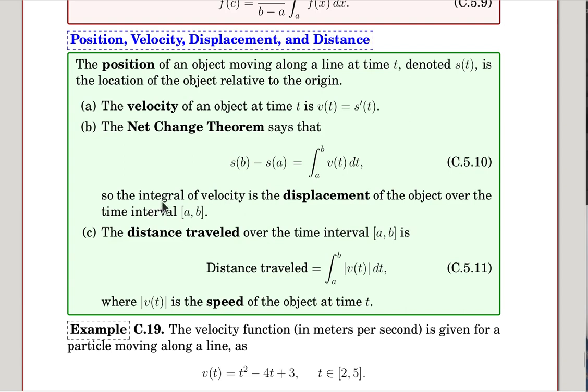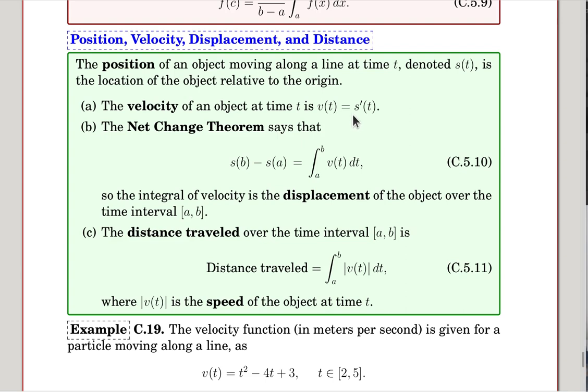Now, here, the definite integral can be applied for the computation of position, velocity, and displacement, and also distance traveled, the total distance traveled. Okay, here, the velocity of an object is the derivative of the position.